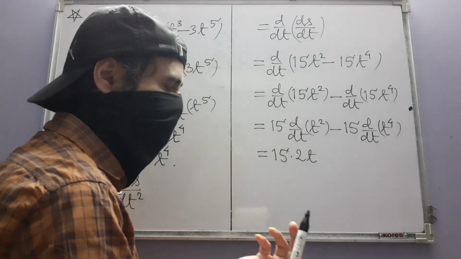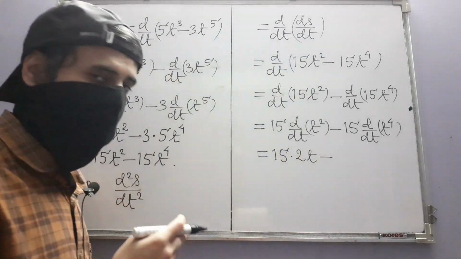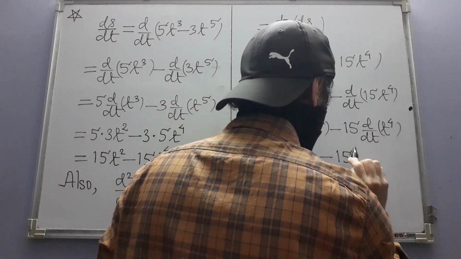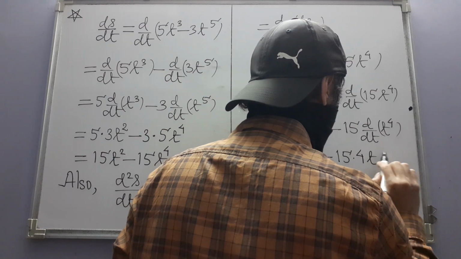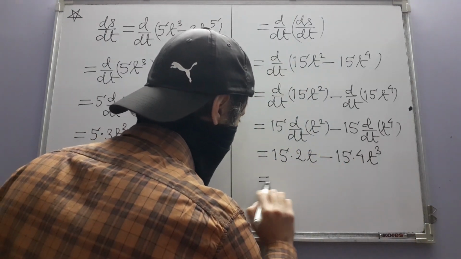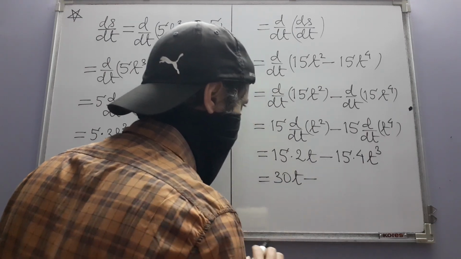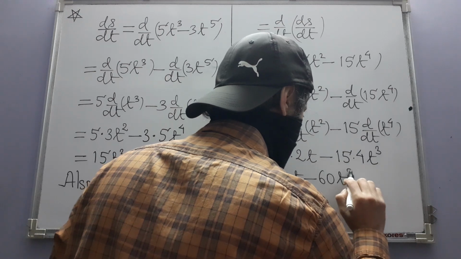That means it's just t. Minus 15 times, here 4 comes first, followed by t cube. So 30t minus 60t cube.